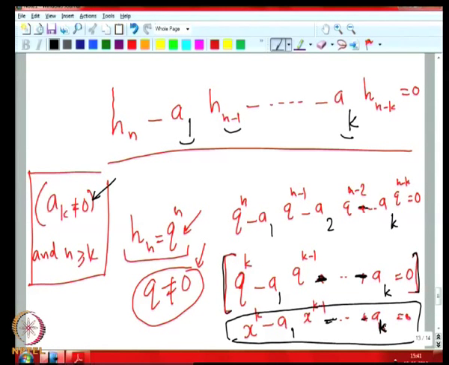Right. So now, in this recurrence relation, you remember Ak is not 0 by our assumption. Now when you write this thing, after dividing by q raised to n minus k, we get an equation where the constant term is not 0.